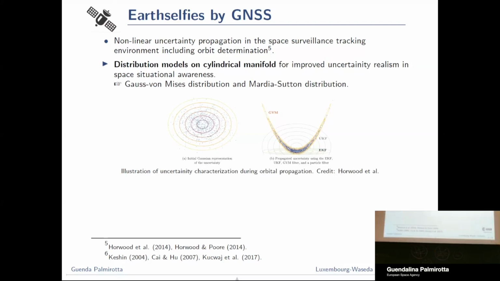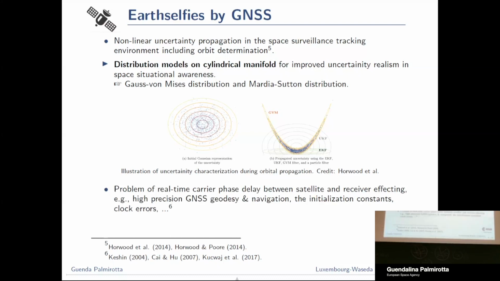So you have 5 unbounded Cartesian coordinates, then 1 angular coordinate, so it's a circle. And these 6 coordinates define the position or the orbit of the satellites. So in this case, for a cylinder, Mardia and Sutton proposed the Gauss-von Mises distribution and also the Mardia-Sutton distribution.